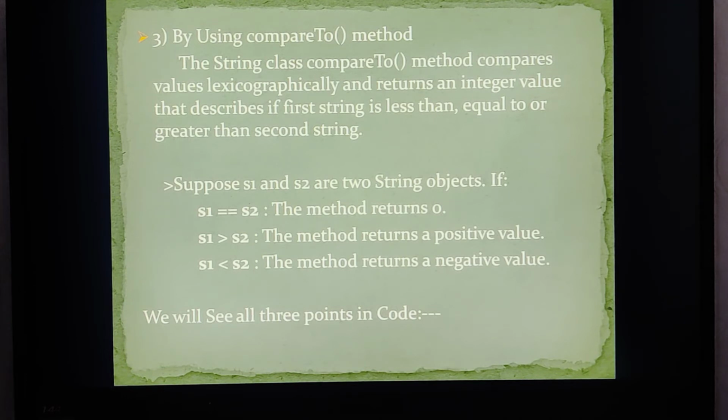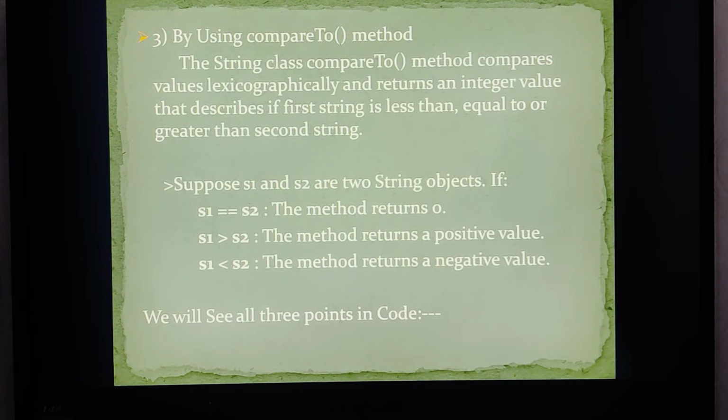The compareTo method is most used when we learn the collection chapter, the Comparable interface and Comparator. At that time you will get more use of the compareTo method, but here we normally use the compareTo method to compare strings.